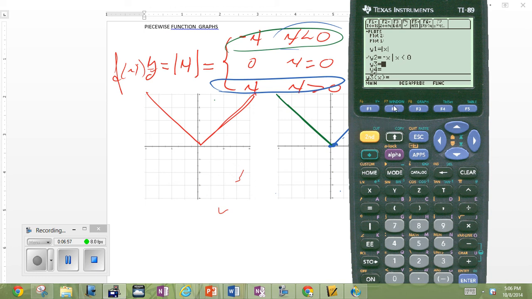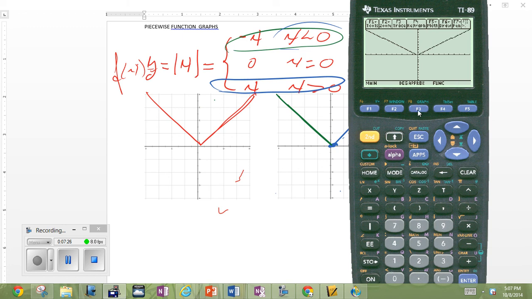Now we want the other half, of course, which is that, and again our description here is for, with that slash bar, x greater than 0. And what we should see upon entering is just the other half of the graph. Here it comes.